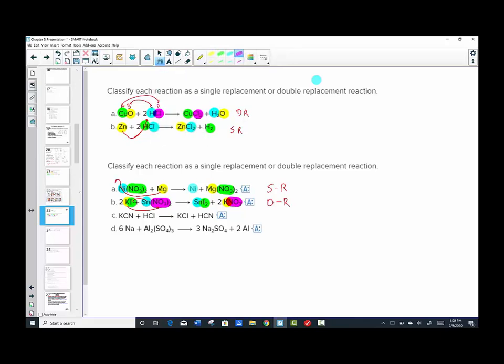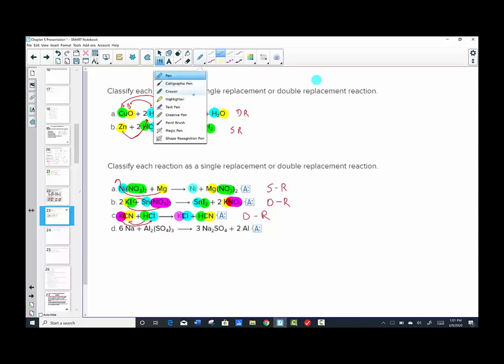Identify the characters. There's potassium. It's hooked to cyanide. Here's a hydrogen. Here is a chloride. The 4 different characters in letter C. We can see that the potassium hooked to chloride, hydrogen went to cyanide in a double replacement.